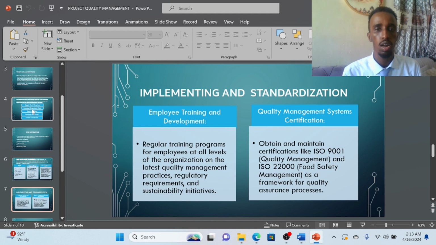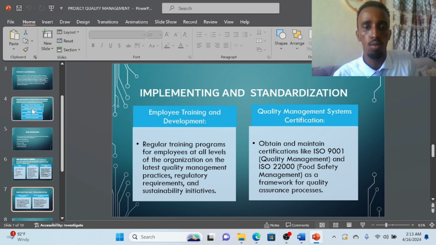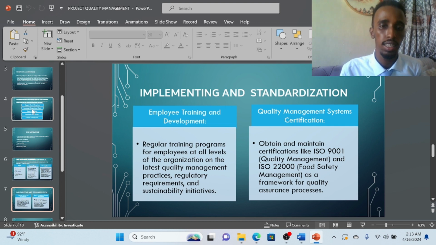Regular training programs for employees at the level of the organization on the latest quality management, regulatory requirements, and sustainability initiatives.